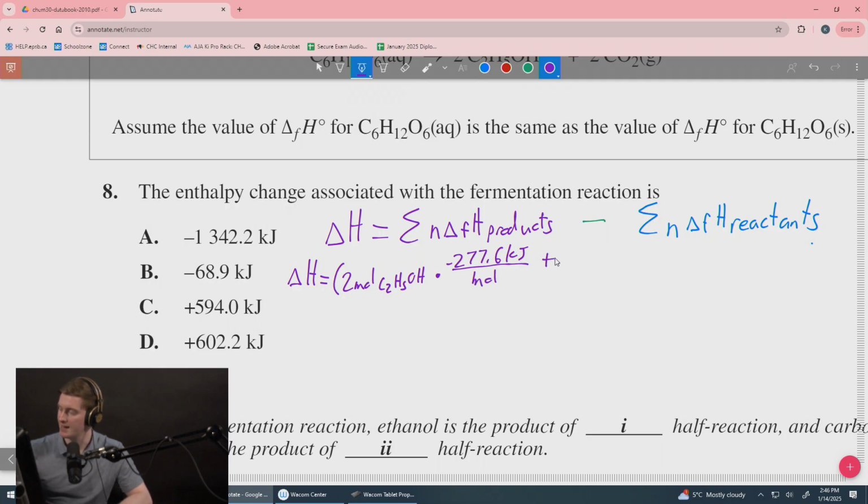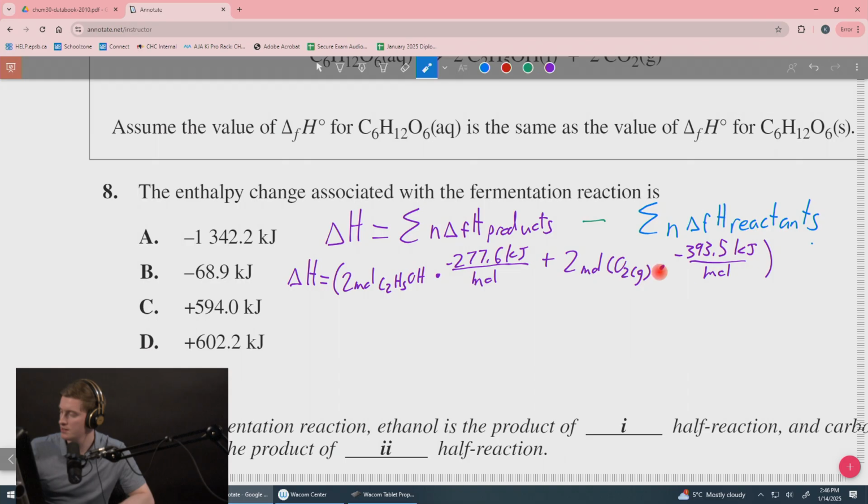Then we'll add that to our carbon dioxide. We've got 2 moles of carbon dioxide, and the enthalpy of formation for carbon dioxide is negative 393.5 kilojoules per mole.